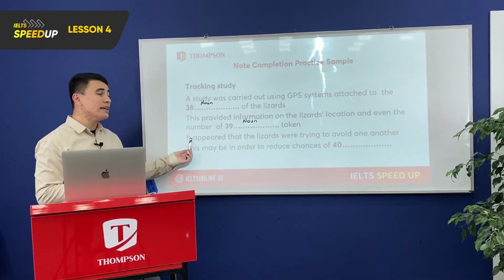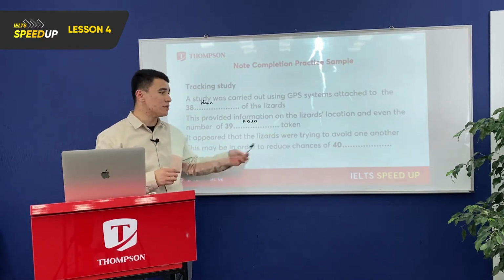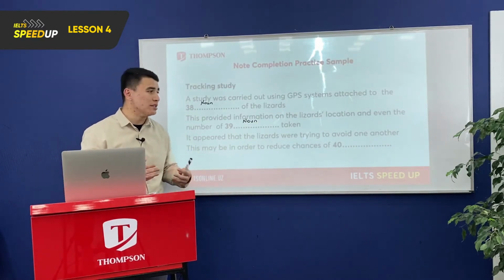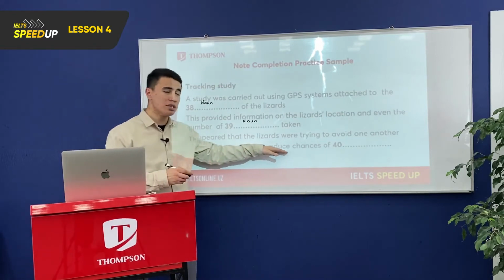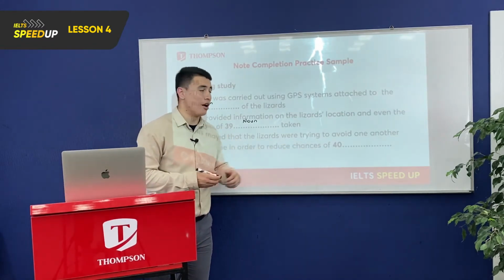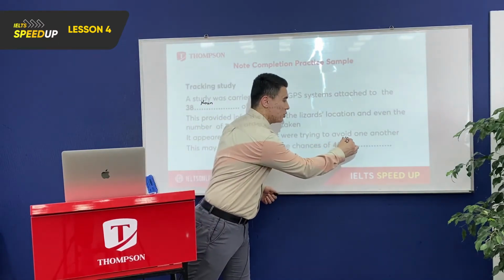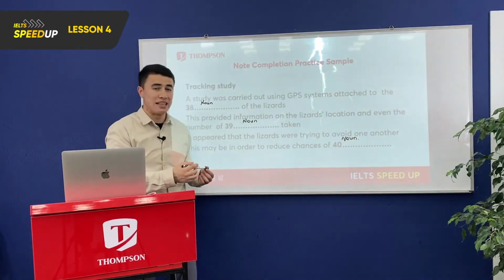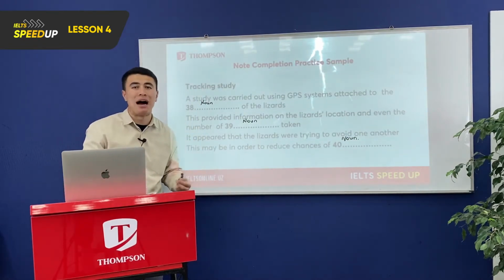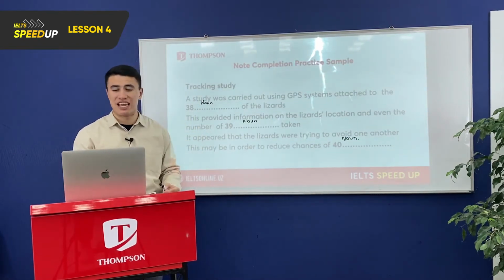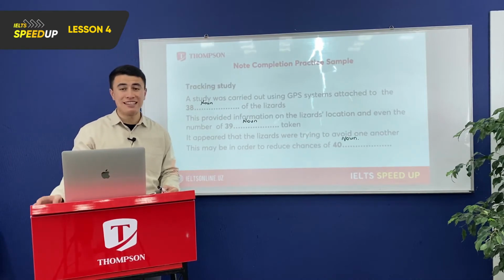And the last one, it appears that the lizards were trying to avoid one another. This may be in order to reduce chances of something. So we need a noun here as well. There is the word reduce, which means minimize or decrease chances of something. So let's listen.